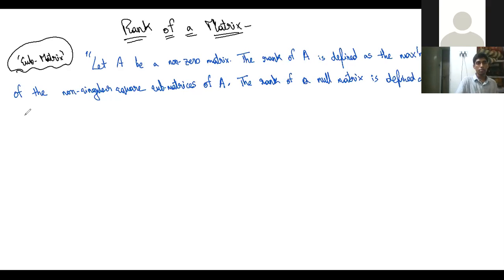So what is the symbol? The symbol is rank of A. This is the symbol. Okay. So from here I can write.